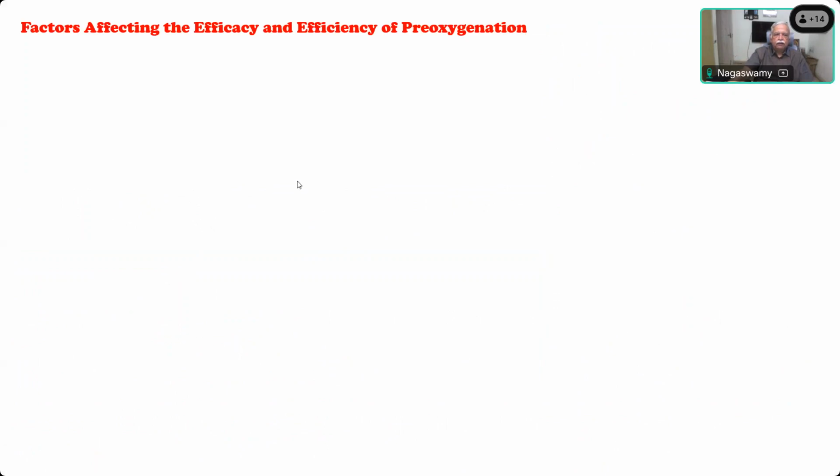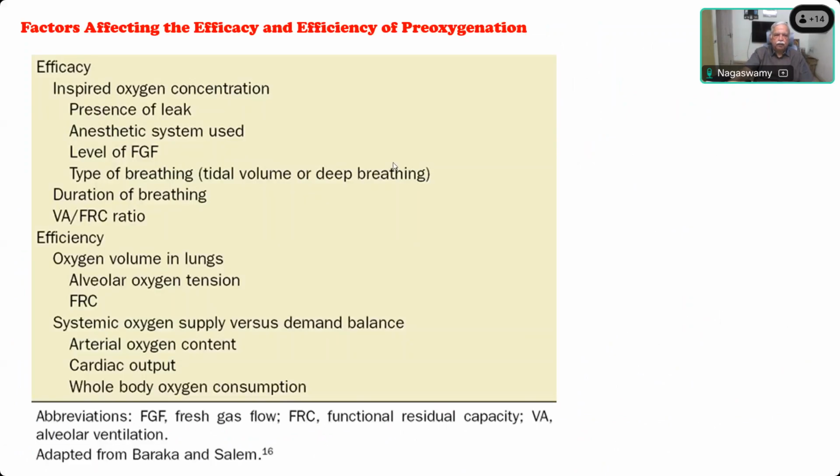The factors affecting the efficacy and efficiency of pre-oxygenation are inspired oxygen concentration, presence of leak, anesthetic system used, level of fresh gas flow, type of breathing, whether it is tidal volume or deep breathing, and the duration of breathing if you are using only tidal volume breath, and the alveolar ventilation to FRC ratio. All these things determine the efficacy.